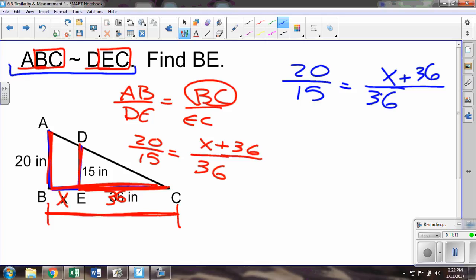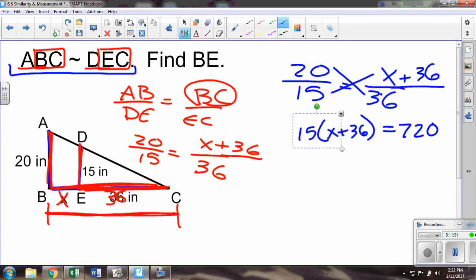It was still based on cross multiplying. But when we multiplied, we'd have 15 times X plus 36, making certain to keep our parentheses there. 20 times 36 would equal 720. And so we saw that we could build an equation.